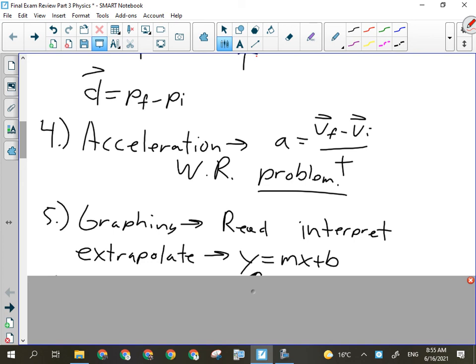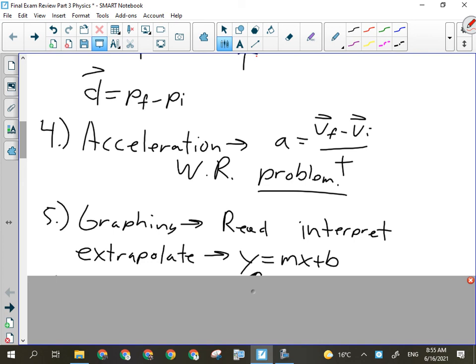As I told you yesterday, the graphing question in the written response involves no calculations. It just is interpreted. What I mean by interpreting is I give you a graph, maybe it's got a few sections, and I ask you to describe the motion in each section of the graph.